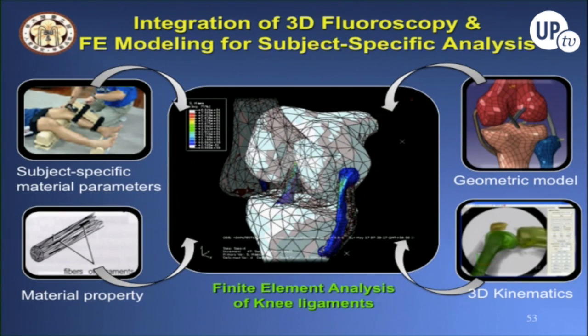The model is subject-specific because the geometry of the joint can be obtained from the CT. The motions of the bones are from the 3D kinematics fluoroscopy system. And we use the so-called arthrometer, the KT2000, to collect the stiffness of the joint information so that we can fine-tune the mechanical properties of the ligaments so that they are, as much as we can, subject-specific.